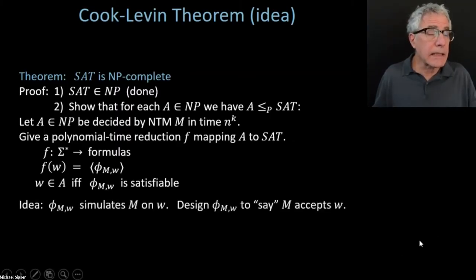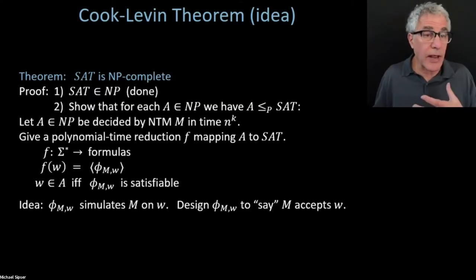The idea, and this is where we've seen things like this before, is that the formula we're going to construct simulates the machine on W. So in some way, it's going to do that simulation. The trick is figuring out what that means.